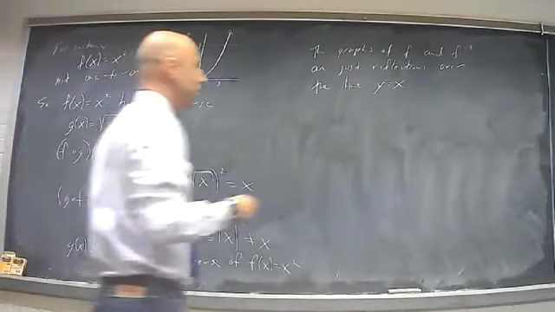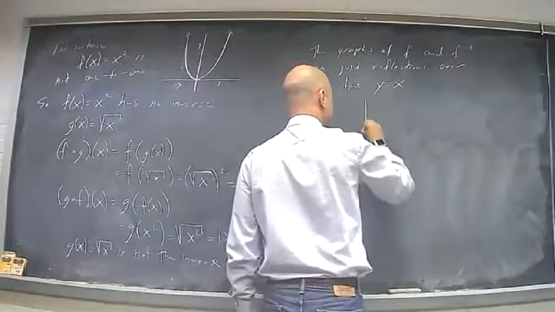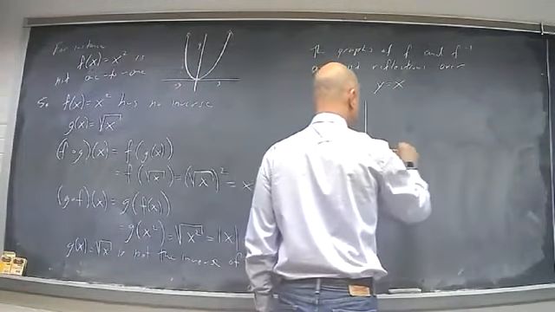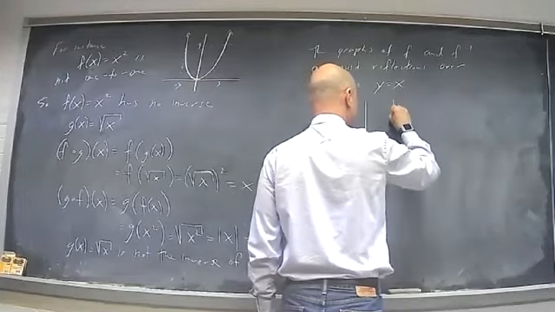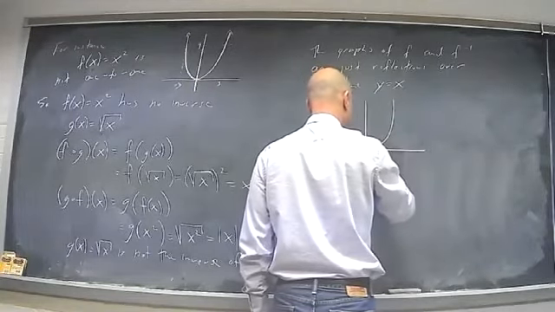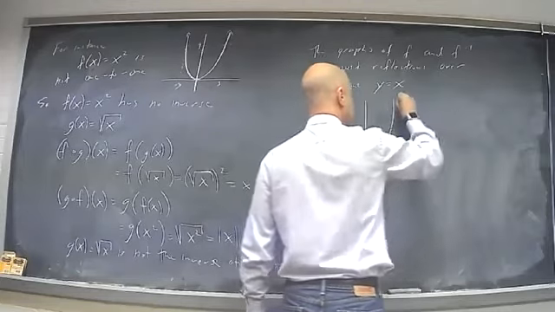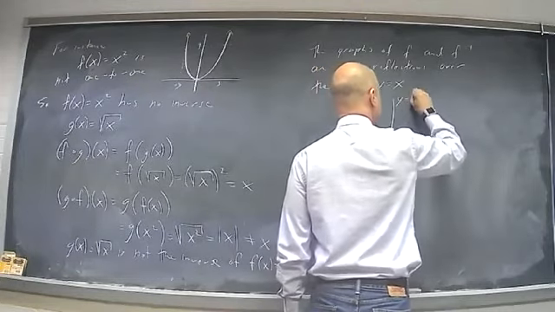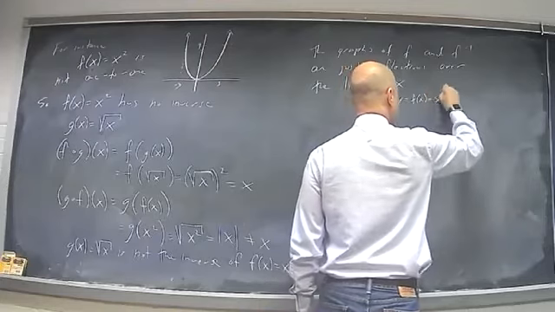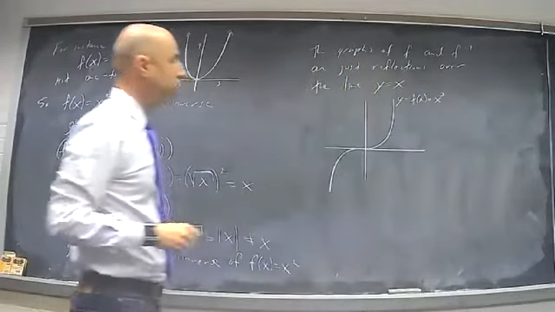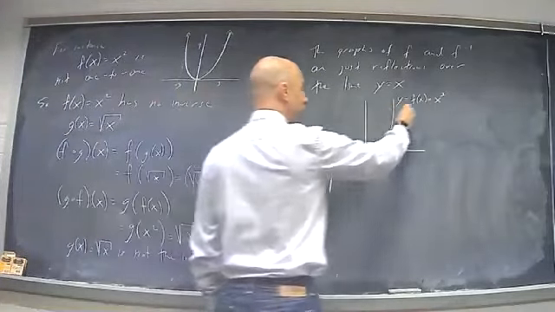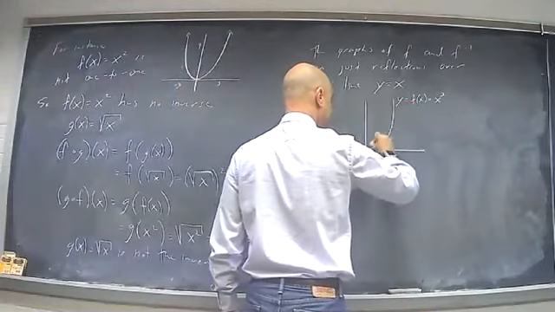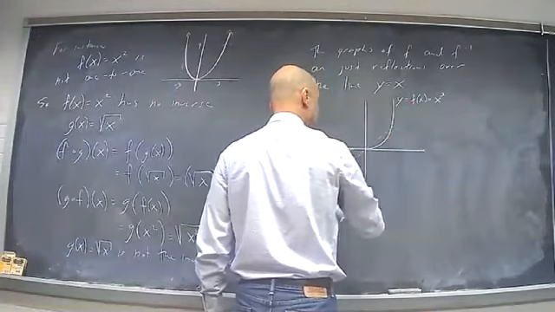So for instance, let's say my original function is x cubed. Here's the line, of course, y equals x. Line going up at 45 degrees.